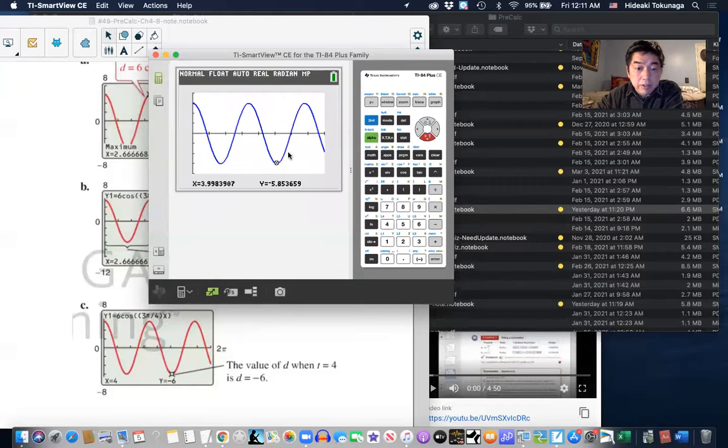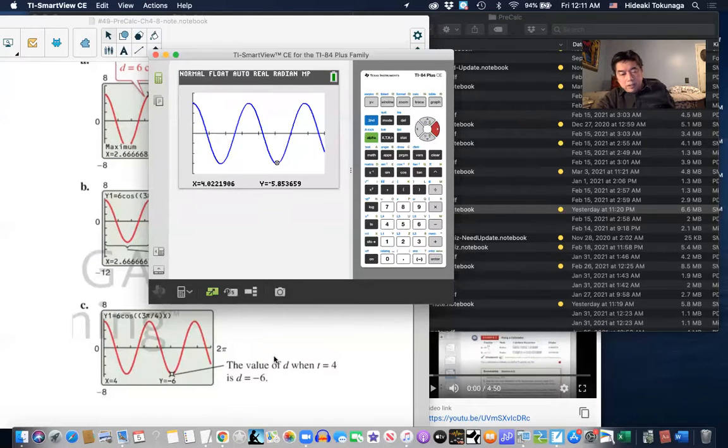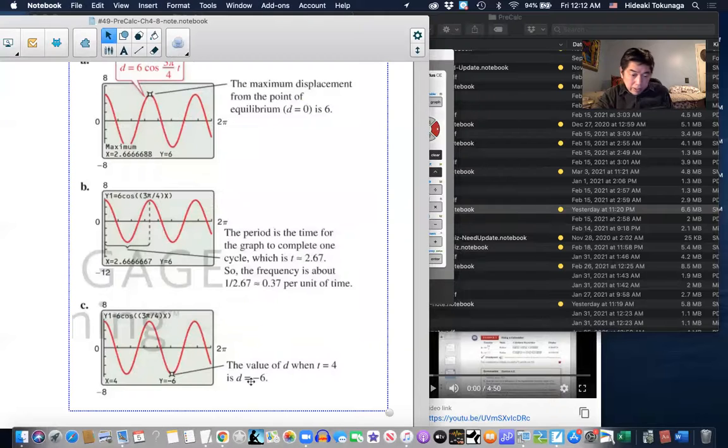So this is the value. So x equals 4 is a minimum, so -6, y equals -6. It can't be accurate here. As you see, for this letter C, I think there's a setup that you can use to get the exact value. But when t equals 4, d equals -6, which is x equals 4, y equals -6.